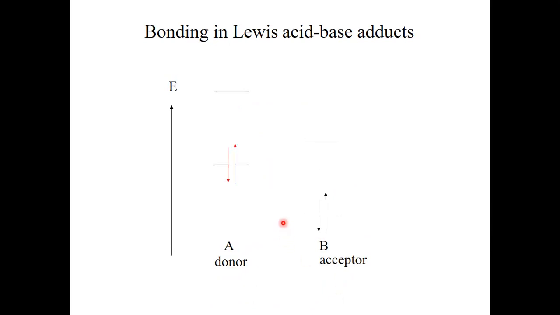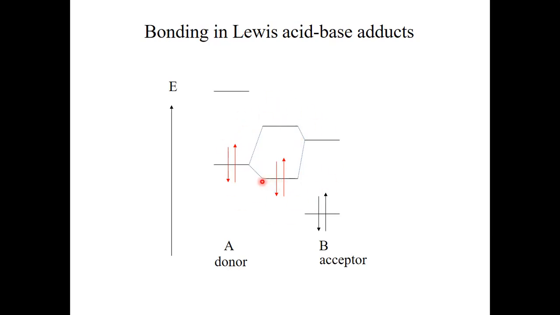So now there are more cases to consider. We can also consider a case in which the LUMO of the acceptor is somewhat higher than the HOMO of the donor. So now again, you can form a bonding molecular orbital or antibonding molecular orbital through the interaction of the two.